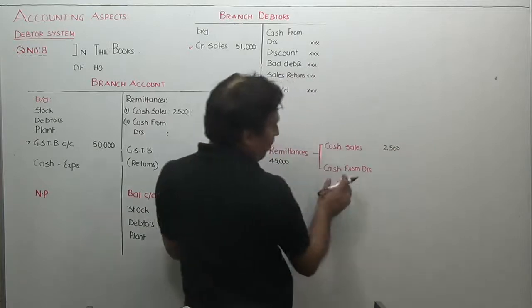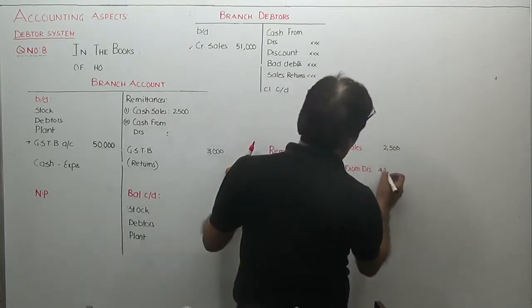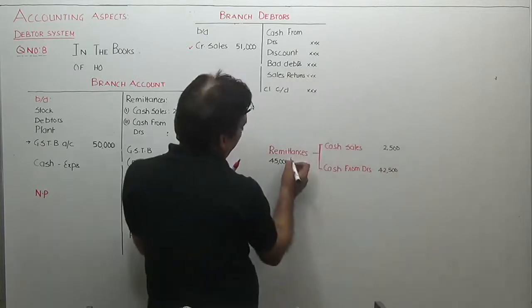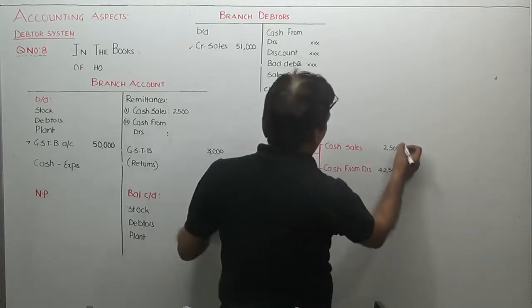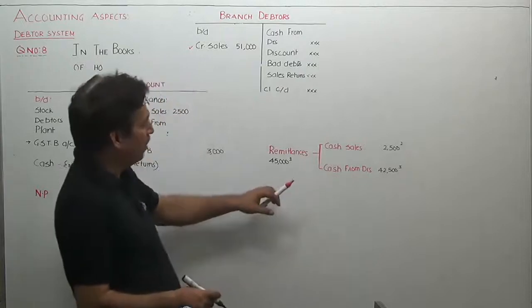So the share of cash from debtors is 42,500. This is the figure you derived out of this particular statement.